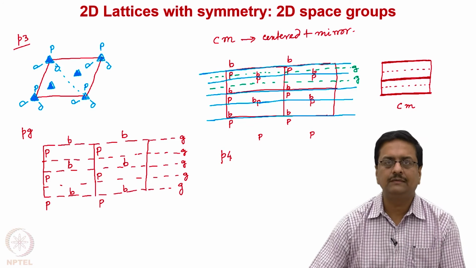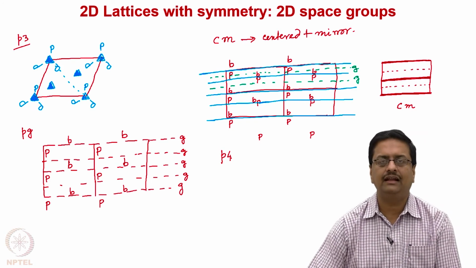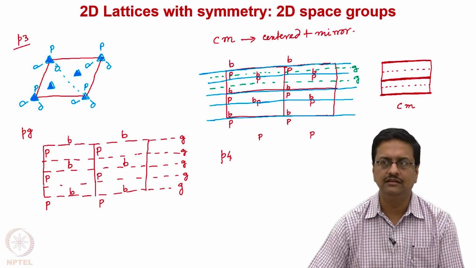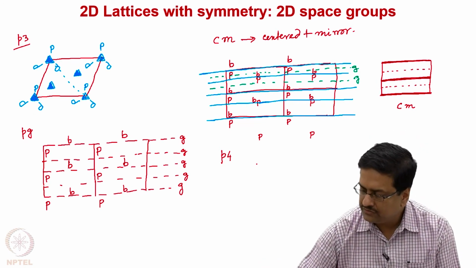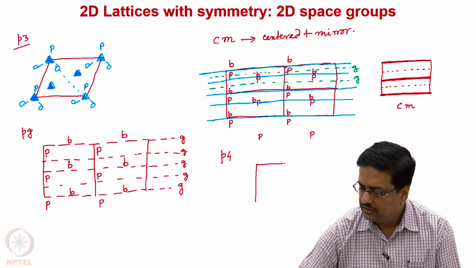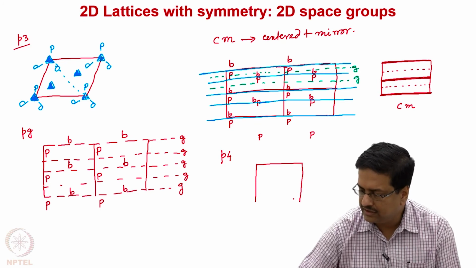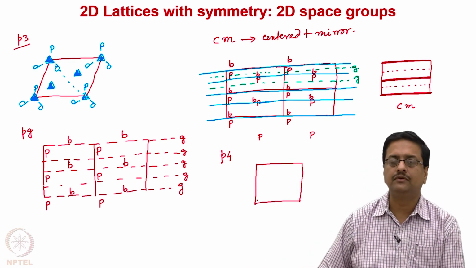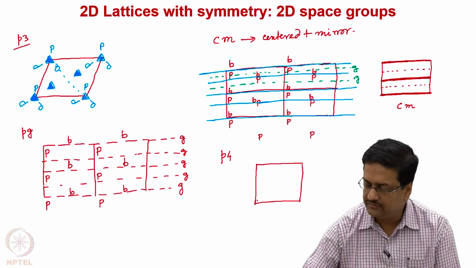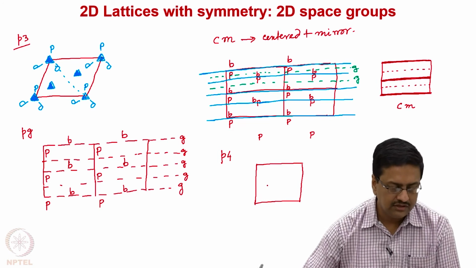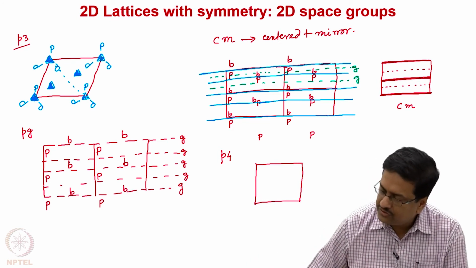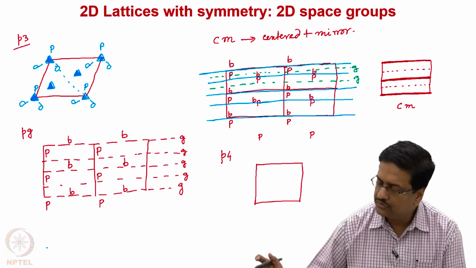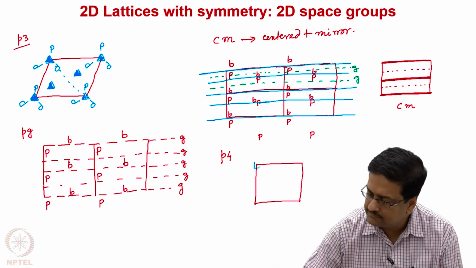The immediate requirement is that it should be a square lattice, not a rectangular lattice anymore, because A should be equal to B. So now I am going to draw a square unit cell, which is my P4, where I am going to place my four-fold axis at four corners of this lattice.